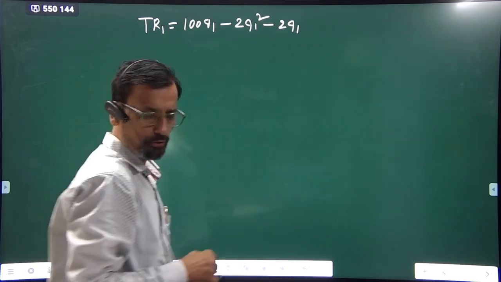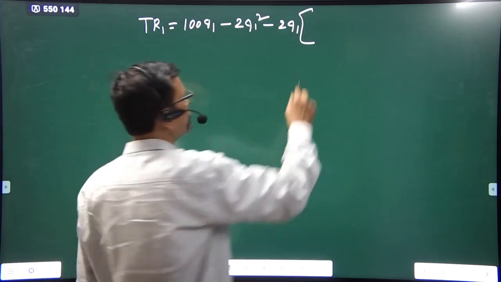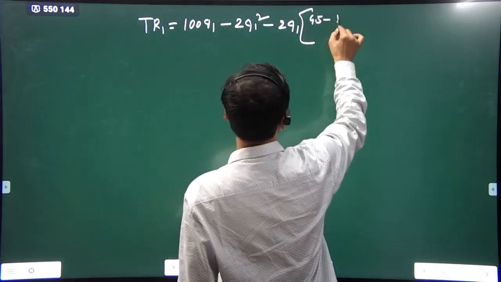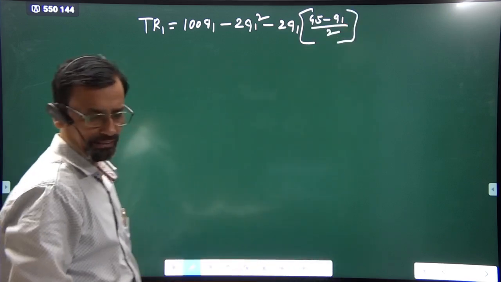Just put the value of Q2 here, which is 45 minus Q1 by 2.